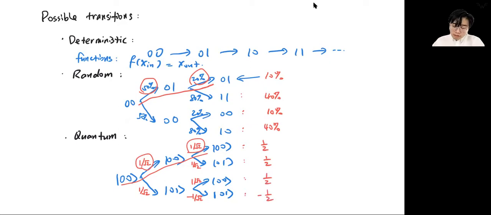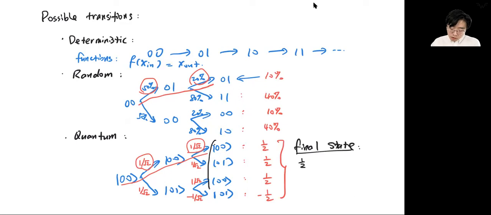So what is the final state? After this, we will end up in a linear combination of all the possible outcomes over here. With the appropriate coefficients: 1/2 of 00, 1/2 of 01, and 1/2 of 00, minus 1/2 of 01.